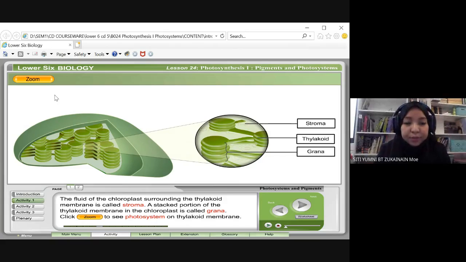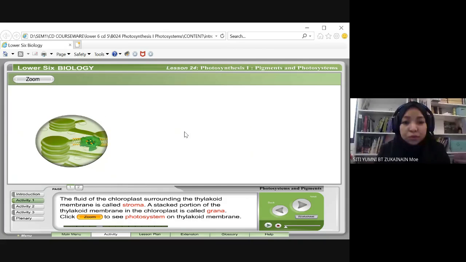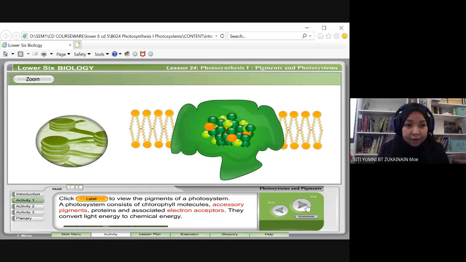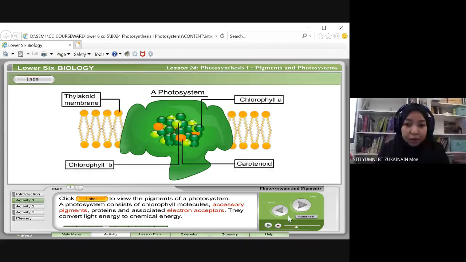Then I zoom more into the membrane of the thylakoid, and what you can see is a photosystem on the thylakoid membrane. I click on the label, and now you can view the pigments of a photosystem. The photosystem consists of chlorophyll molecules, accessory pigments, and associated electron acceptors. They convert light energy to chemical energy.